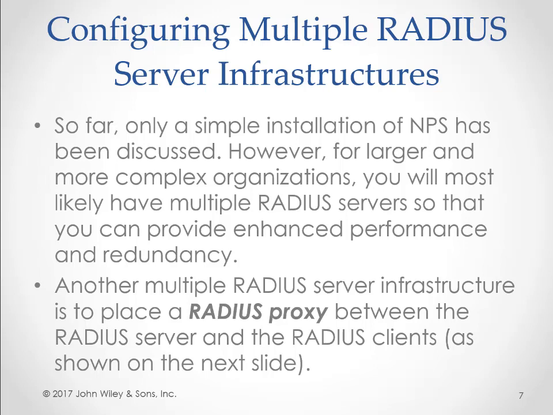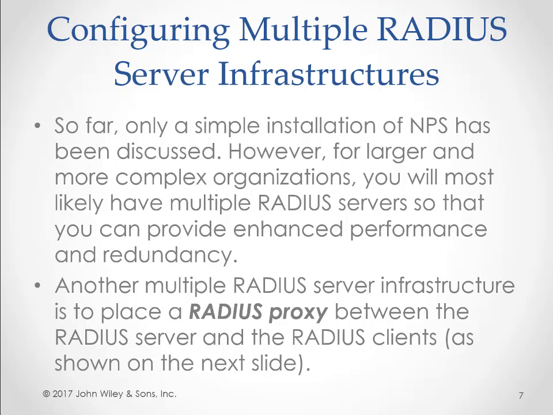If you are reliant on RADIUS to provide authentication for devices to connect, you can't have it fail because of a single device failure. That defeats the whole concept of availability. It also gives you better performance. You can also use what's called a RADIUS proxy.